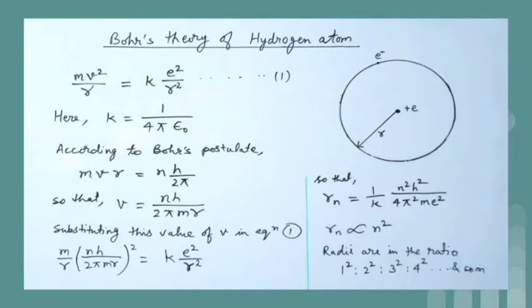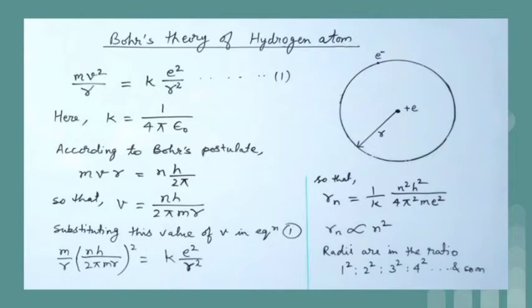Hence, we find that radii of orbits are in the ratio of 1² : 2² : 3² : 4², that is 1 : 4 : 9 : 16 and so on. Which means the stationary orbits are not equally spaced. Lower orbits are closer while higher orbits are widely spaced.